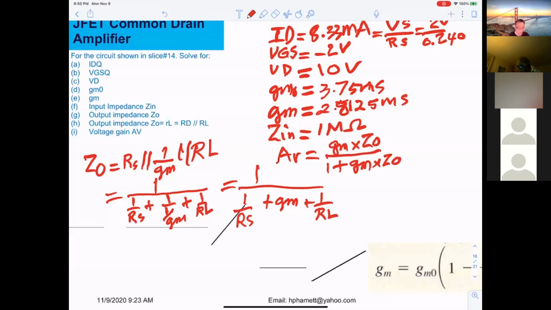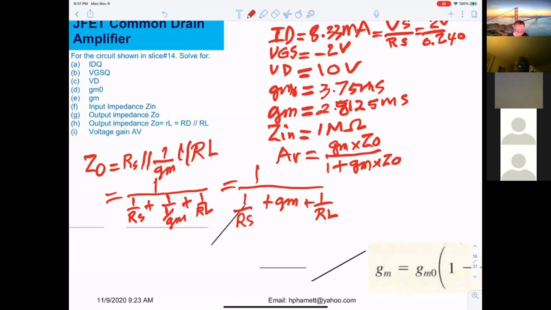Mr. Pham, I got a question for you. What you were doing right before your last one, 1 over RS plus, and it says 1 over, and then it says 1 over GM. When you take the reciprocal of that, wouldn't that still be GM, because you have 1 over GM? It's a reciprocal of a reciprocal, which is the original number, right? Yes, which would be 1 over GM.